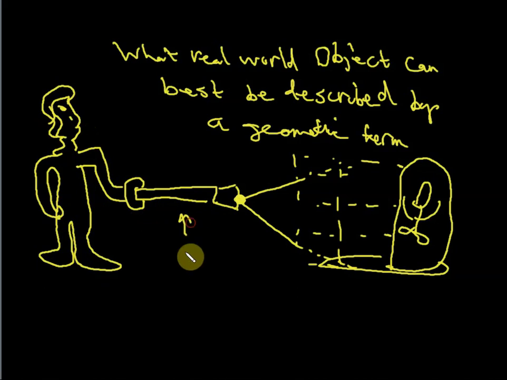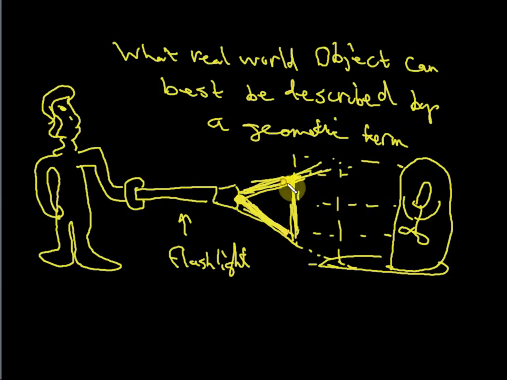This is a flashlight. And when the flashlight is shining its light, it's kind of looking like something we've discussed. So what is it looking like that we have discussed? Right? With an endpoint from its base and no end in sight for the amount of light it shines.